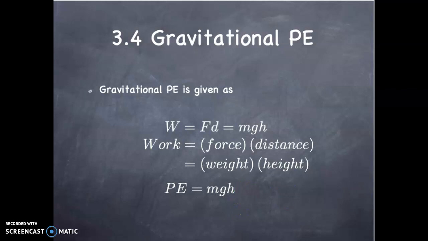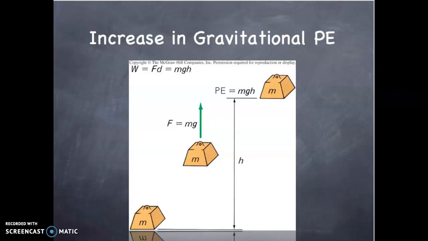So it's mg times h. Here it shows: if you have this mass at the reference level, you raise it a certain height, h, it has potential energy when it's held at that height of mg times the height that it was moved.